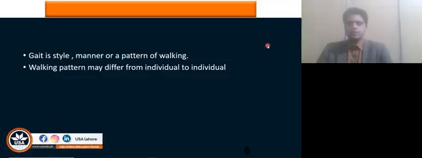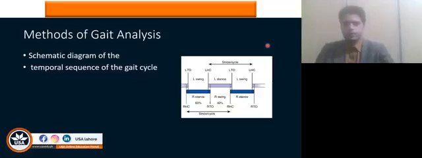So what happens is, if you see the image above here, from right heel contact to right toe off to finally right heel contact again. This entire phase is considered one gait cycle. So this is what a gait cycle is.